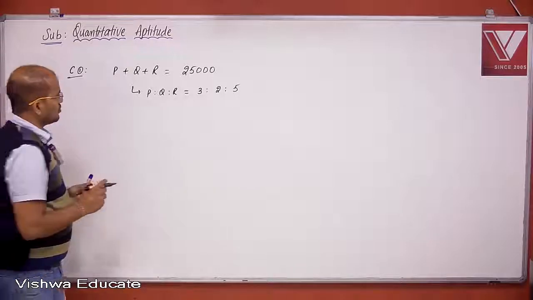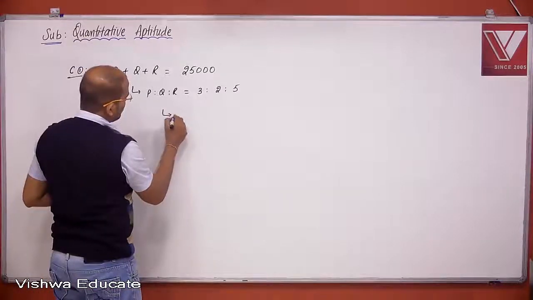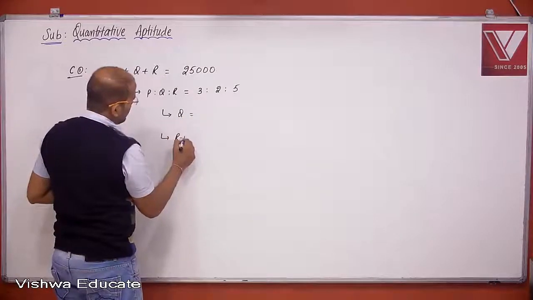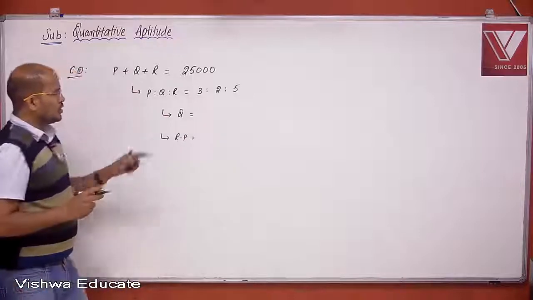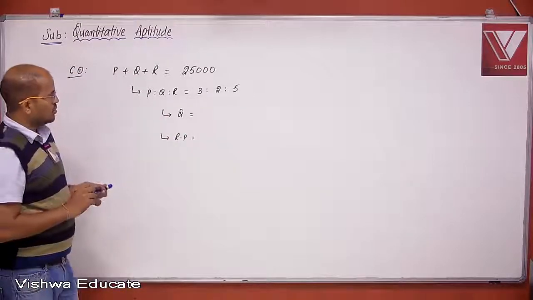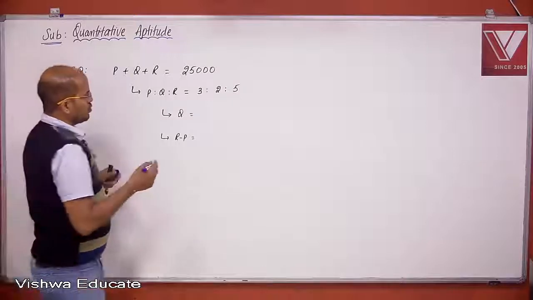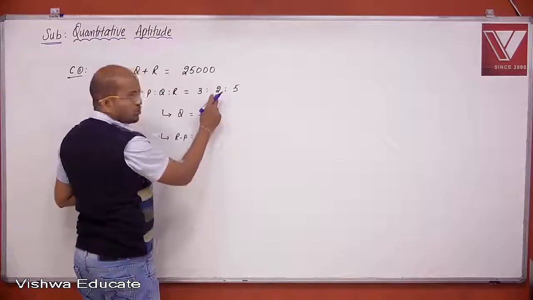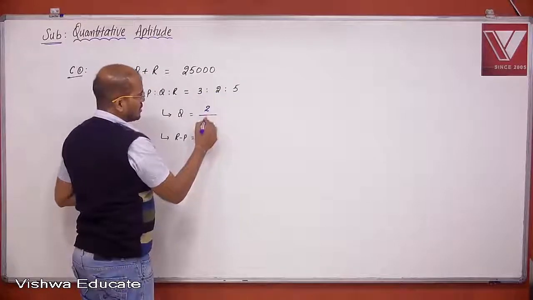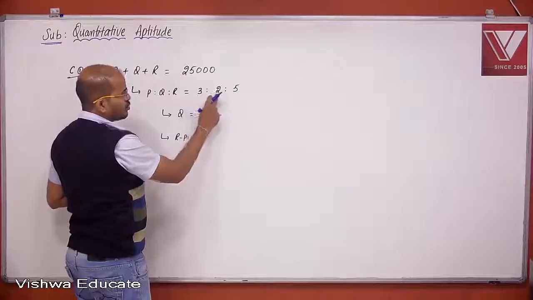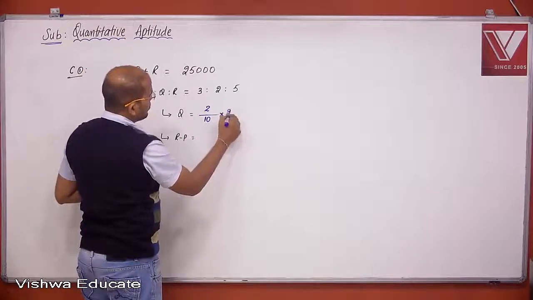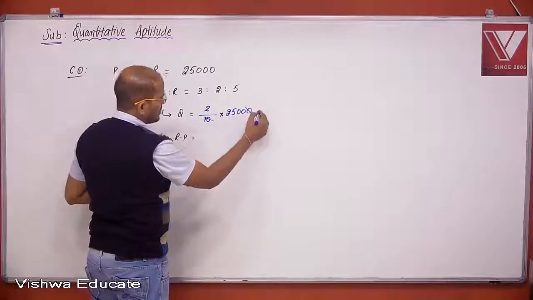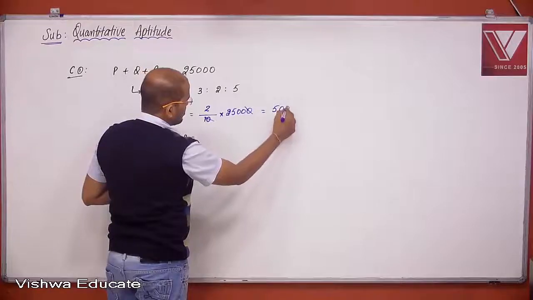Okay. So what is Q? What is R minus P? So what is Q? Q, the amount of Q. So Q gets two parts out of 10 parts. How you got 10? 3 plus 2 plus 5 into 25,000. So you can minimize it. This would be 5,000.